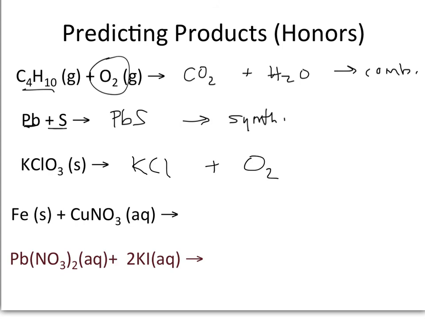Predicting your products here would have been a lot more difficult because you're not starting with a binary compound. But you could have come up with some combination of KCl, maybe potassium, chlorine, and oxygen gas. Those could have been options that you may have predicted.